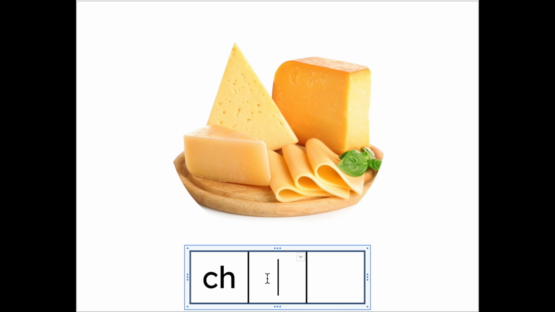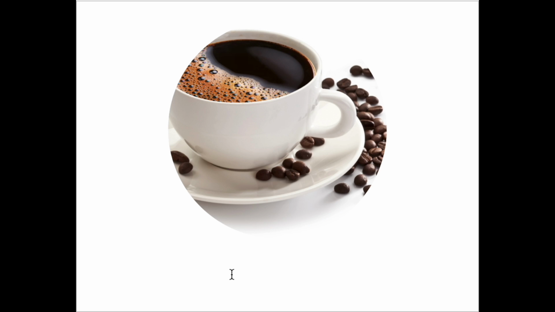That's right, E. I already told you all of these words have the long E sound spelled E-E. And what is that last sound you hear in cheese? That's right, it's the Z sound. Now you might think that's spelled with the letter Z, but it's not. It's spelled with the letters S-E. S-E can make the Z sound at the end of a word, like cheese. Great, let's go to the next slide.